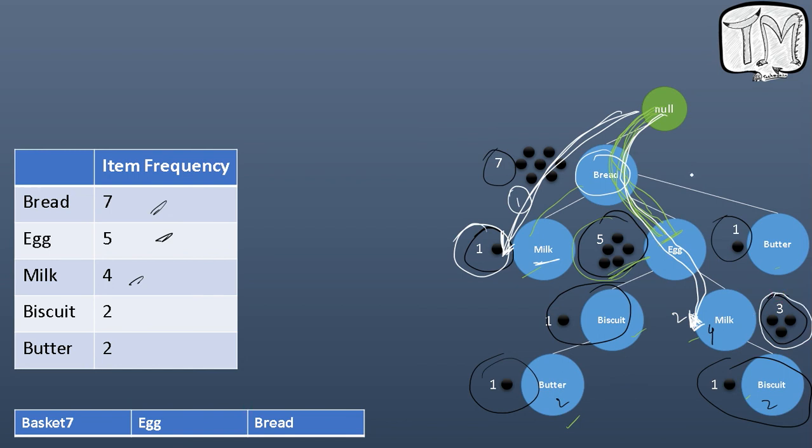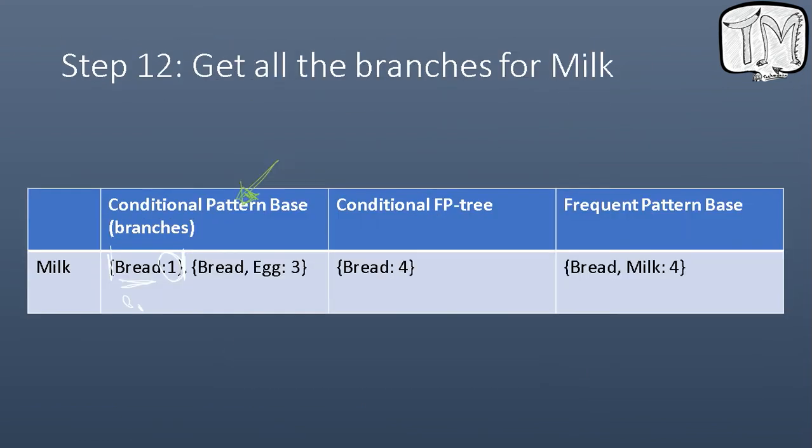The items on the way to milk were bread and egg, and the frequency of milk is 3. So bread was bought there, then egg was bought there, and the frequency of milk was 3. So we have these two conditional pattern bases, or the branches leading to milk.